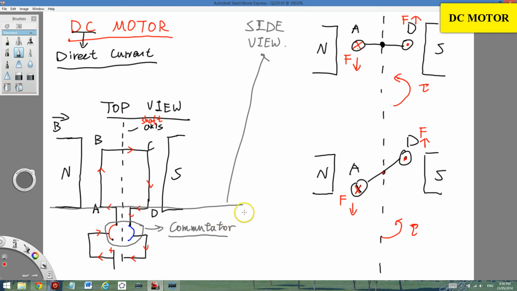So this is basically it for DC motors. The really important part is the role of the commutator. I will make another video talking about the role of the commutator.